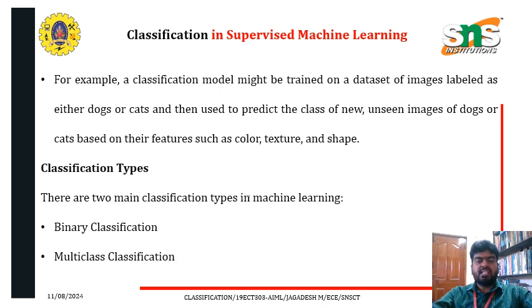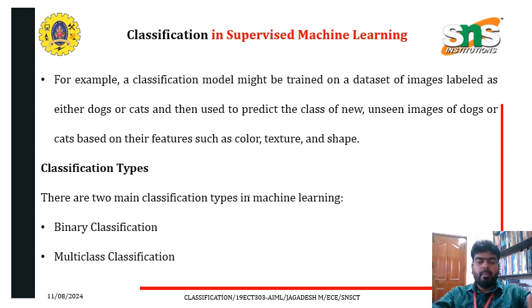For example, a classification model might be trained on a data set of images labeled as either dogs or cats, and then used to predict the class of new unseen images of dogs or cats based on their features such as color, texture, and shape.